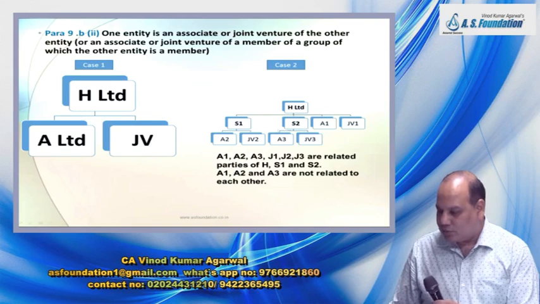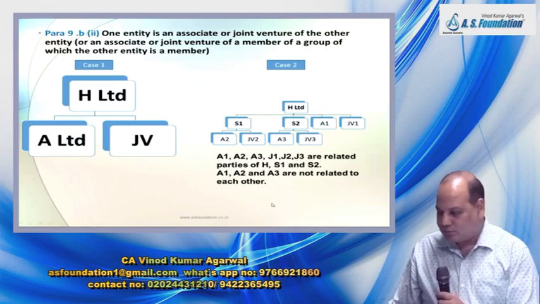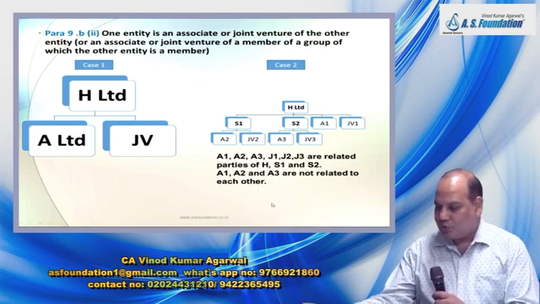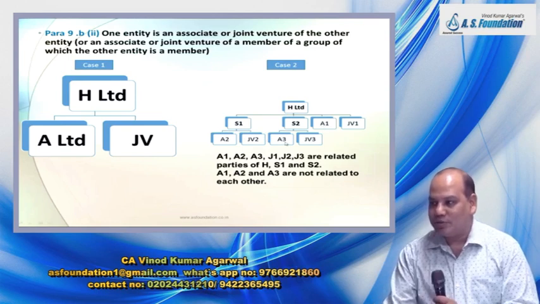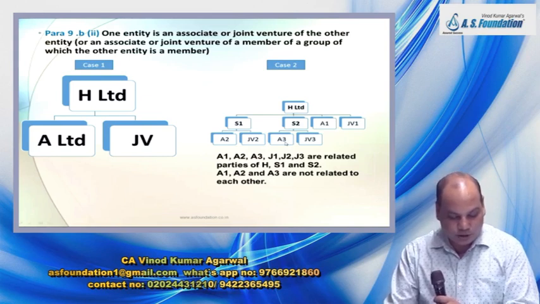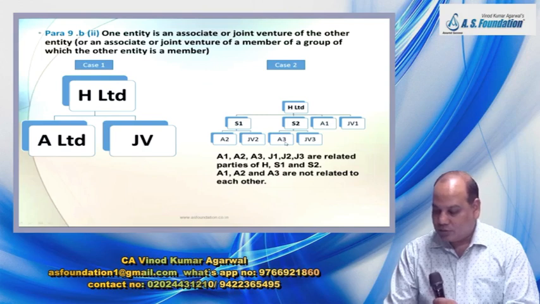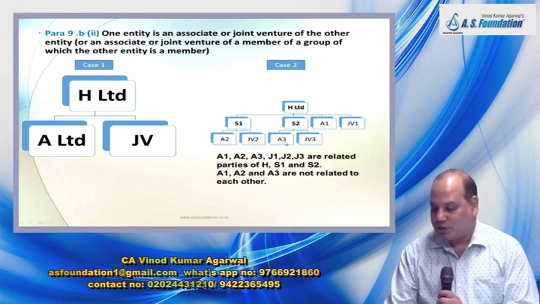For the time being, A1, A2, A3 are not related to each other. Associates will not automatically become related to each other. So write down this note there. A1, A2, A3 will not become related parties of each other, or J1, J2, J3 will not become related parties of each other.